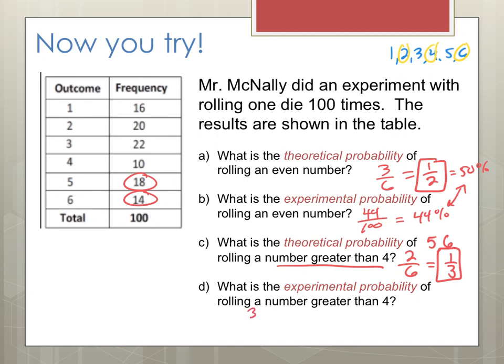Together that would be 32 out of the 100 times, so here we get a 32% chance of that happening, and a 1/3 probability is a 33% chance of it happening. So the last two were pretty darn close to one another. In fact, again, by the law of large numbers, the more trials I do, the closer it becomes to that theoretical probability.